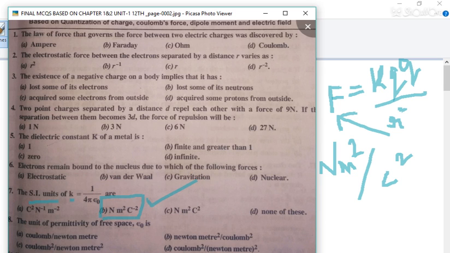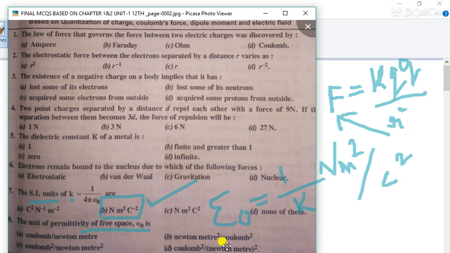Now it is asking about the permittivity of free space. It is just the opposite, because K is 1 by 4 pi epsilon naught. So for finding the epsilon naught unit, we can take the reciprocal of K, 1 by K. So its unit will be Coulomb square per Newton per meter square.